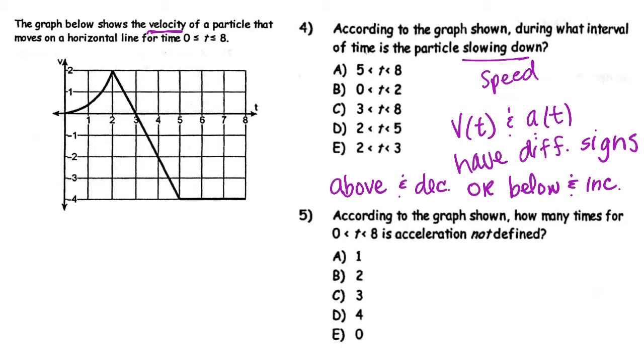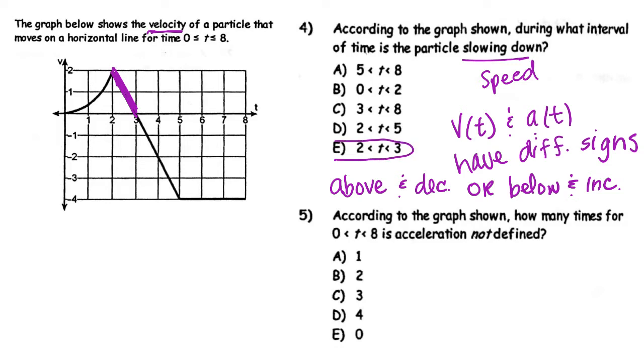So if we are above the x-axis and decreasing, that's going to happen right here. Anywhere else, we would need to have below and increasing, which I don't have. So the only interval where I am above and decreasing would be E, from 2 to 3.